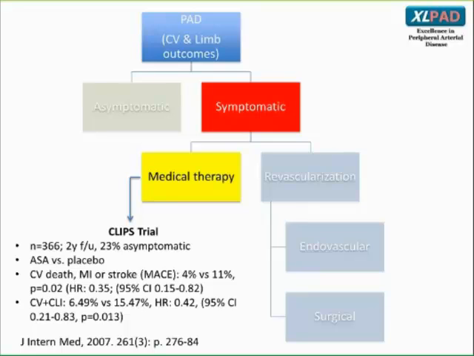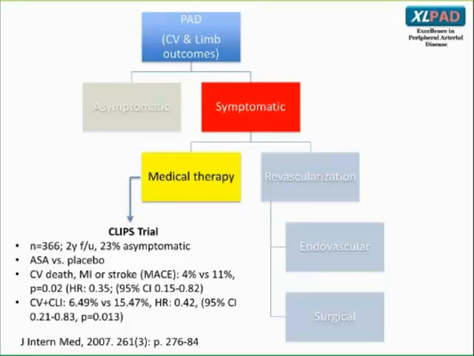I think this study is widely quoted in most of the PAD guideline documents, which I will review in a few minutes. The second outcome of the study was a composite of cardiovascular events and presentation or treatment for critical limb ischemia. It was a pretty broad composite outcome.